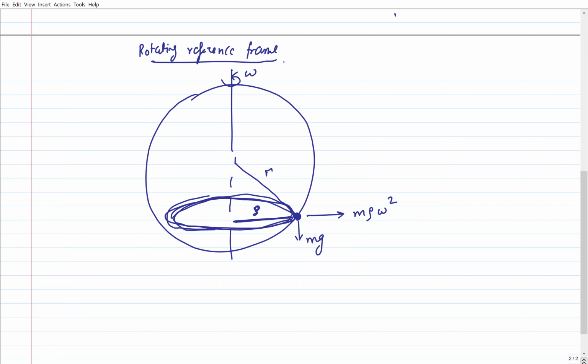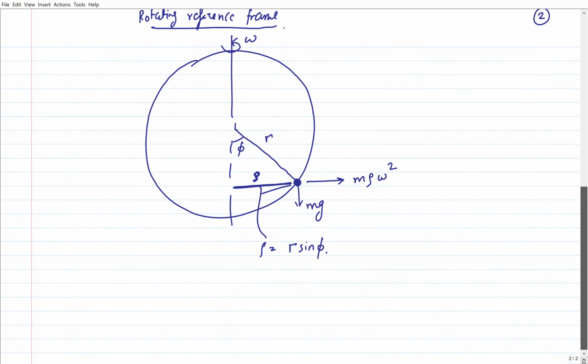So geometrically, this angle is phi. I'll erase this circle now. Rho is nothing but r sine phi. That's what it is geometrically. So let me try to apply Newton's laws in the tangential direction for the bead.